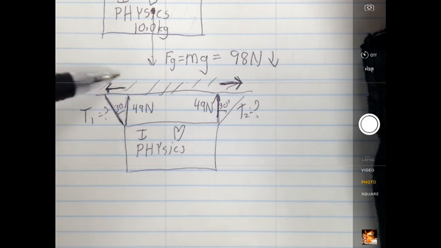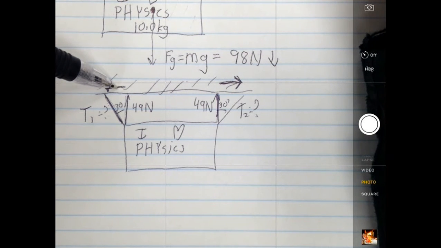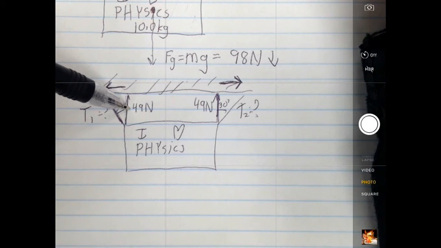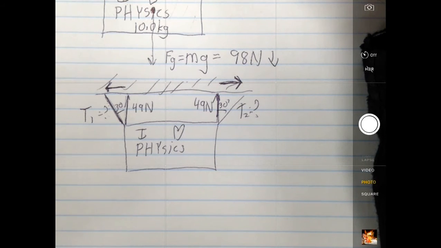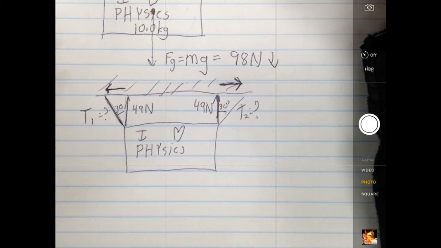On a 30, 60, 90 right triangle, the hypotenuse would be length 2, the opposite leg would be length 1, and the adjacent leg would be square root of 3 over 2. Therefore, if I want to find the tension in this cable, just divide by the cosine of 30 degrees. So you're dividing by 0.866, dividing by square root of 3 over 2, multiplying by 2 and dividing by the square root of 3.